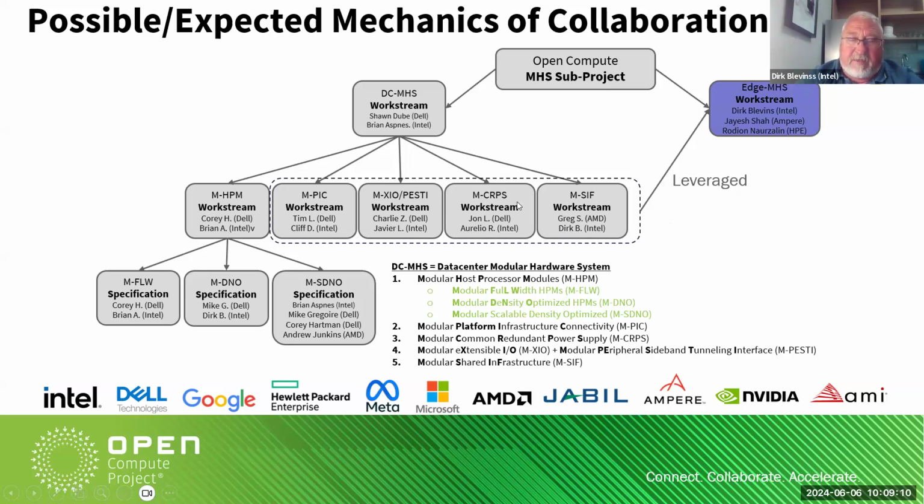If the 60 millimeter supplies make sense from MC or PS, we would want to leverage those in the Edge work stream, as well as in the data center work stream where they're applicable. Same thing for different power connectors or riser connectors, because the more scale we have, the cheaper these components get, and the easier they are to find and to source supply. That's essentially our intent for the way that we're organizing this.